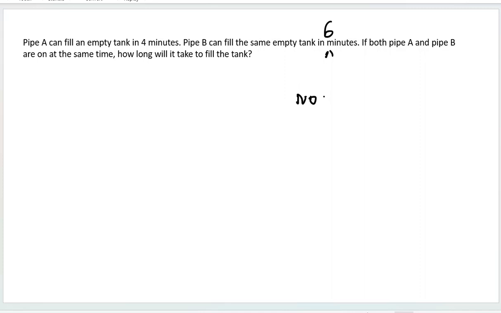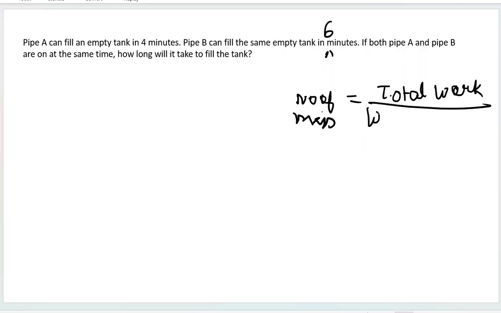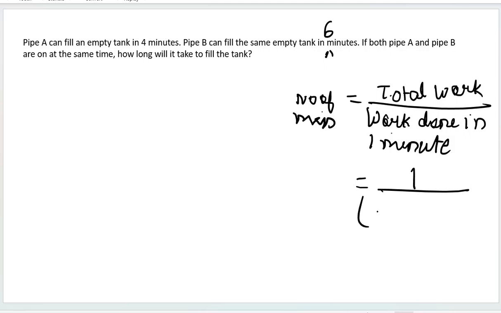So in this case, we write number of minutes will be equal to total work, we write the formula first always, upon work done in 1 minute. The total work is usually taken as 1 upon, we have to find work done in 1 minute. Now remember, in this case, pipe A and pipe B both are on.